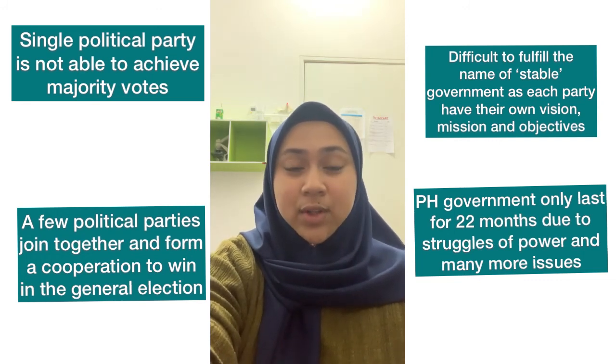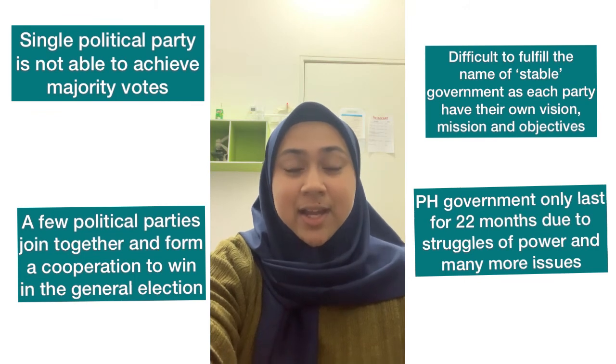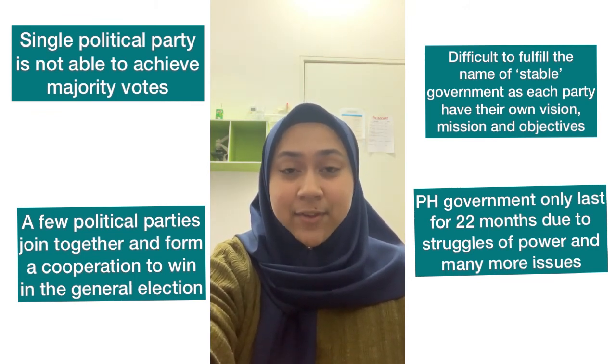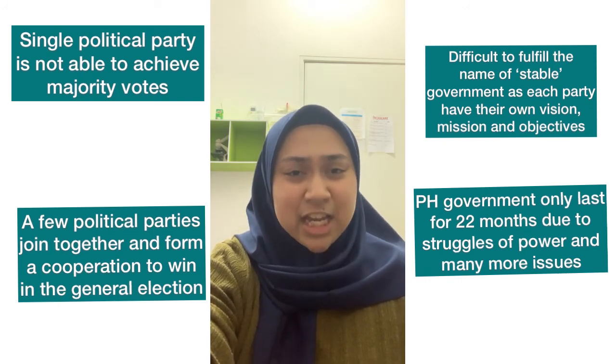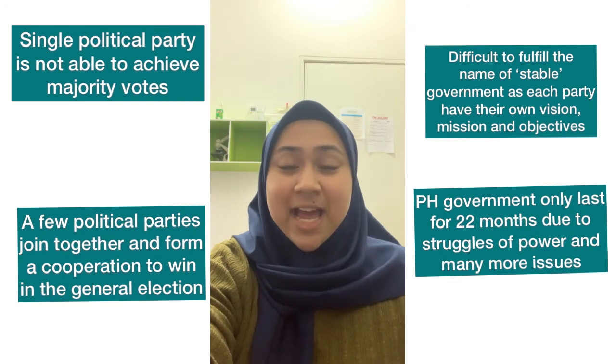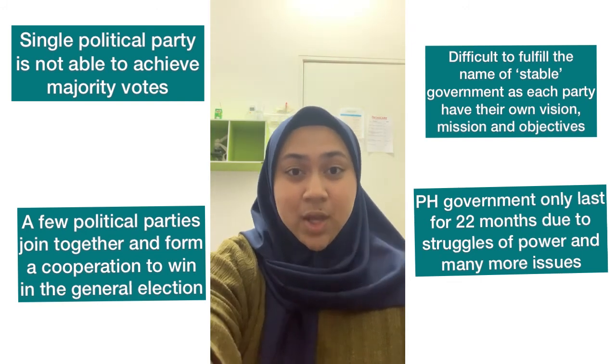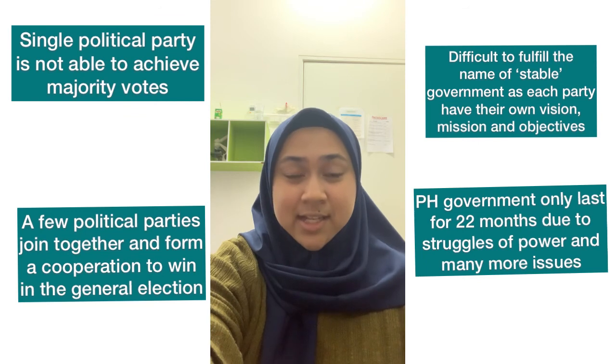After they win the general election and form a government, it will be very hard for them to work together and cooperate. This is because each of the political parties has its own mission, vision, and objective. With that, it would be a very difficult task for them to execute the policies and fulfil the people's needs.